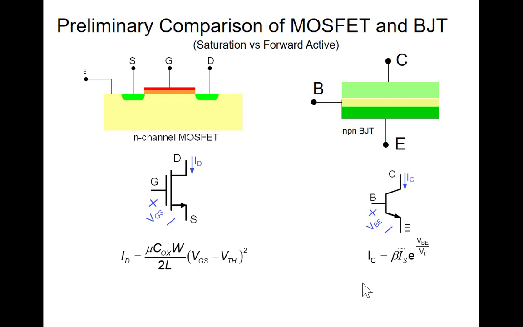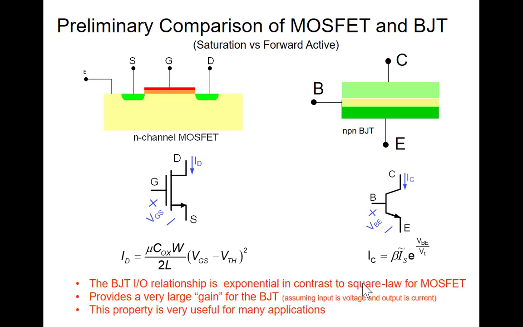So here are two models: in the saturation region for the MOS device and the forward active region for the bipolar device, the exponential equation and the square law equation. If you look at the gain as the relationship between the current and the corresponding controlling port voltage, the voltage either from gate to source or from base to emitter, the gain is much higher for a bipolar device because there's an exponential relationship rather than a square law relationship between the controlling variables.